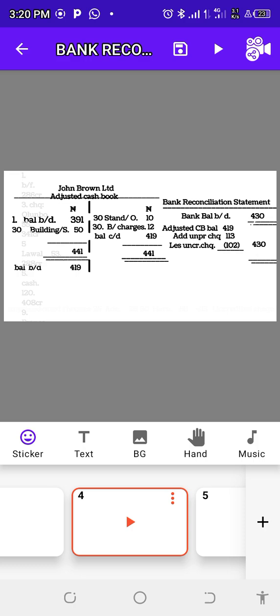I mentioned there are three types of questions that can be set in bank reconciliation. We just solved only one. In the next tutorial, we will concentrate on solving questions that include all types of questions that can be set on bank reconciliation statements.